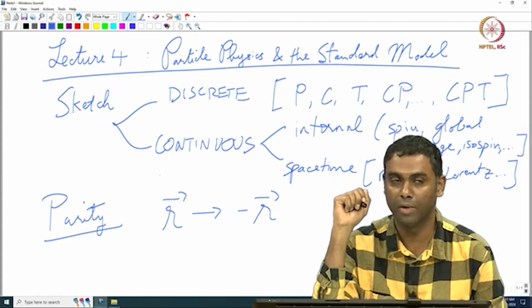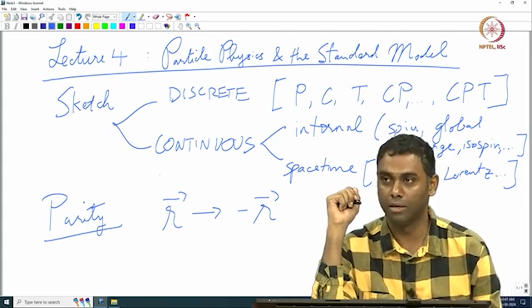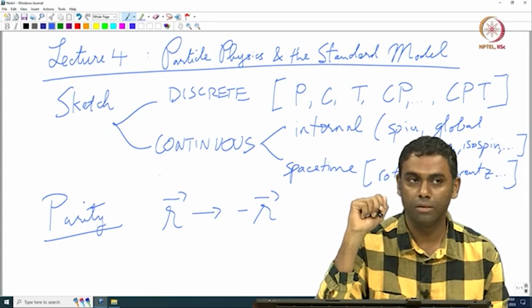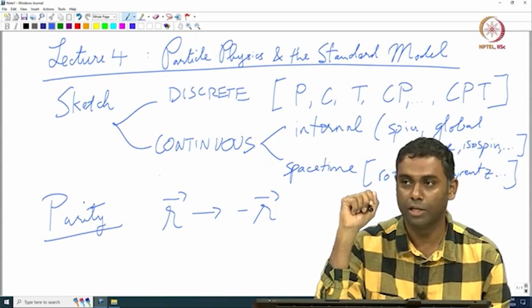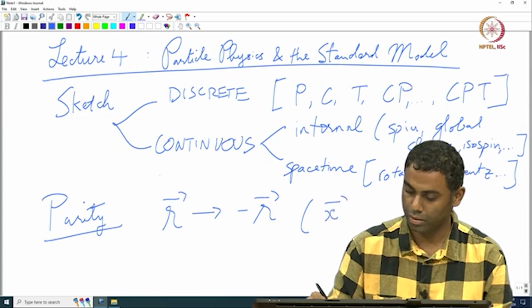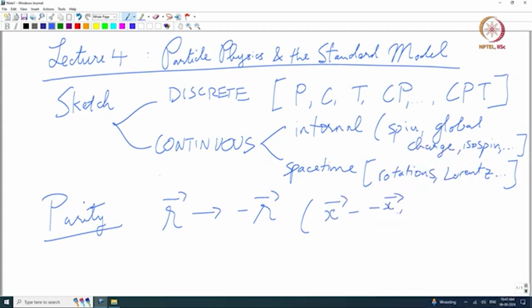So formally by parity we mean reflection around a point mirror, for convenience you put it at the origin, so that you take x to minus x, y to minus y, and so on, right.